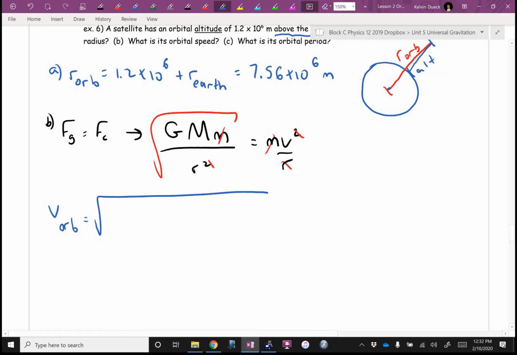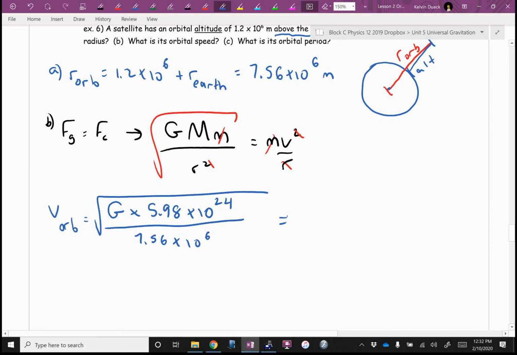More specific as a number exactly? 6.67. I'm just going to write big G, but I'll type 6.67 times 10 to the negative 11. Mass of the Earth? All over. I'm going to write 7.58 times 10 to the 6th, but if you're lucky, you've got that sitting on your answer button, and you can just use your answer button.